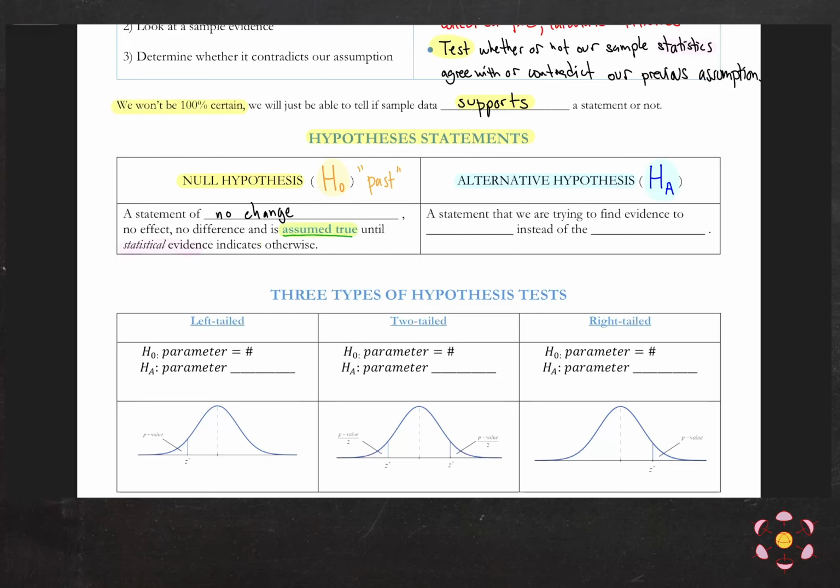But the alternative notation to this is, so let's say also H1. So if you watch other YouTube videos or if you read different textbooks, H1 is the other common name for an alternative hypothesis. So what is this? This is a statement we are trying to find evidence to support.